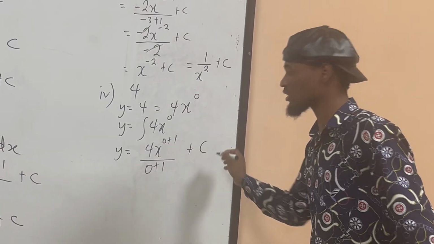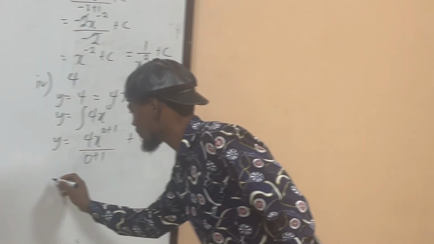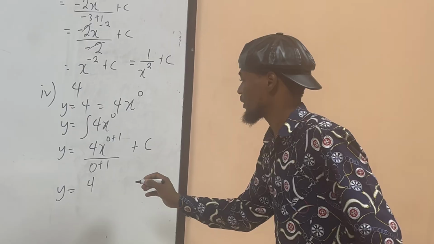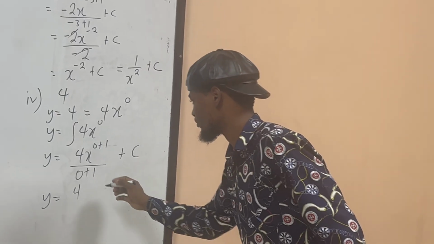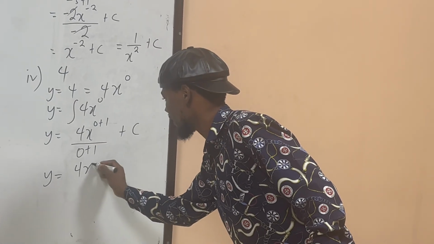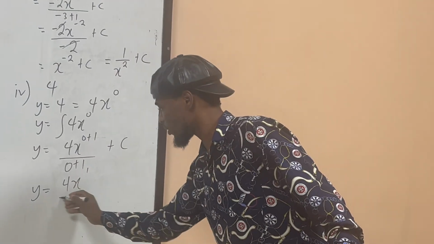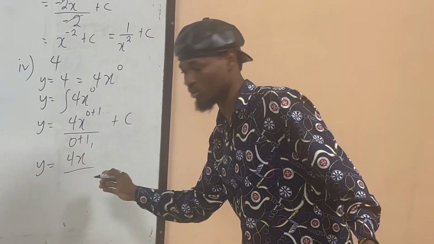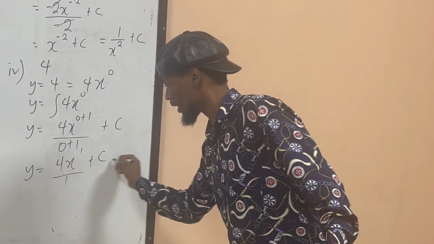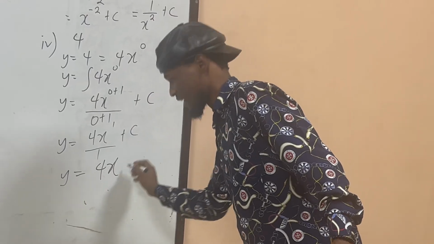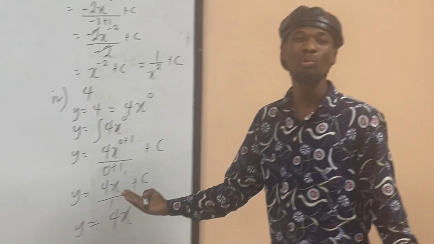Then plus constant of integration. So I have y is equal to 4, then x to the power 0 plus 1, which is 1, then all over 0 plus 1, which is still 1, plus c. So therefore, my y is equal to 4x.